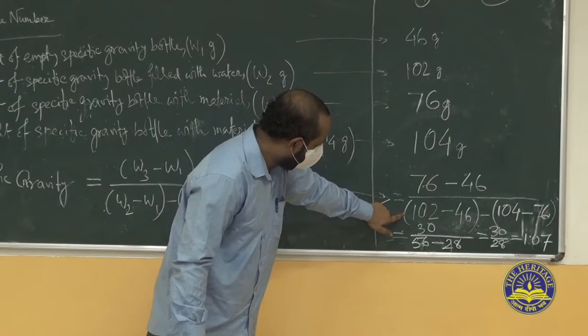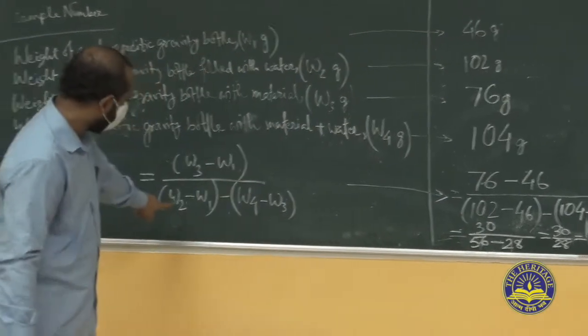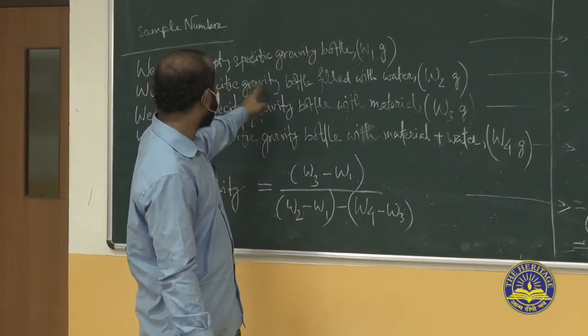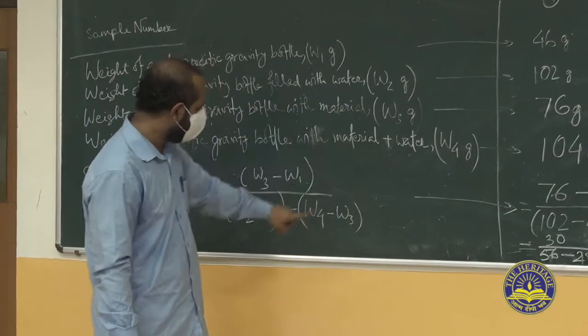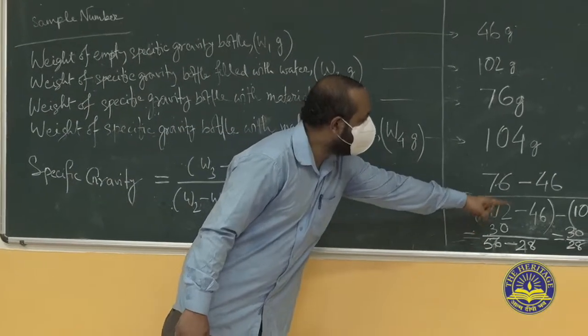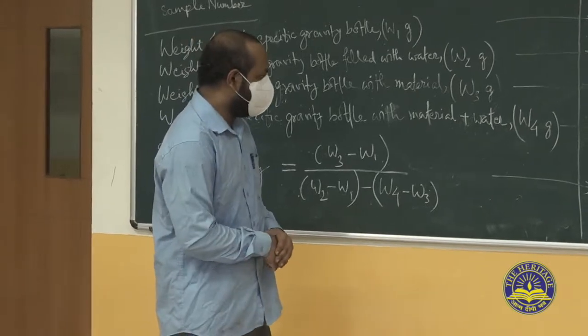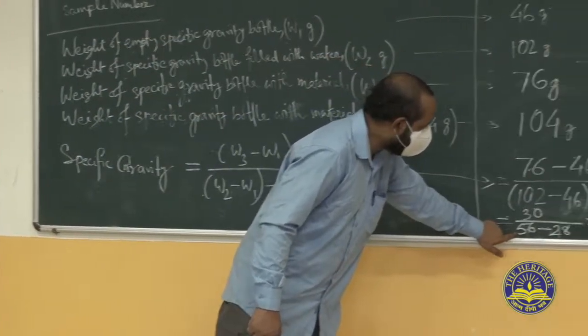And then here is W2, the weight of the specific gravity bottle filled with water. That is 102 minus 46, the empty weight of the bottle. That will give us 56 here.